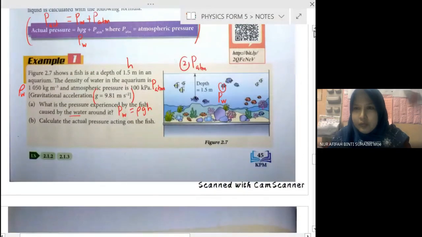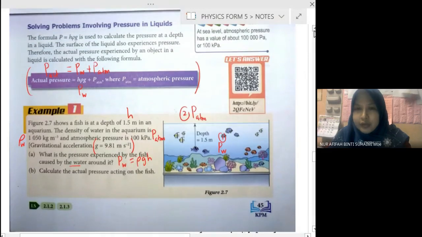So this one is Pascal. The unit is Pascal.